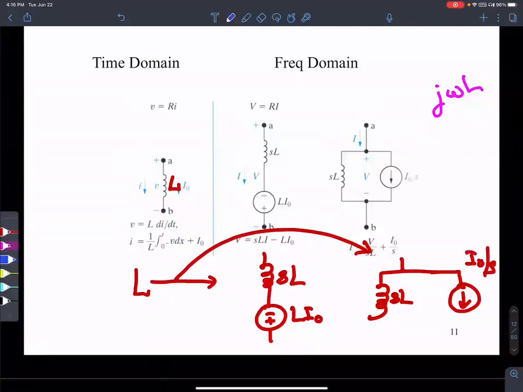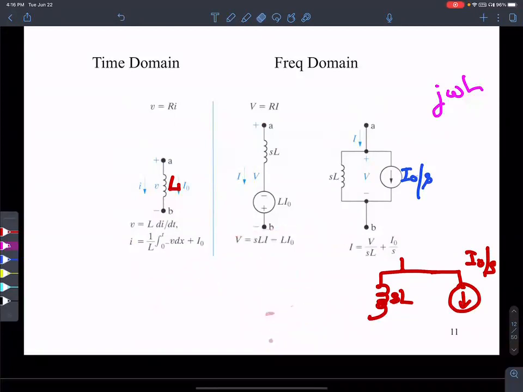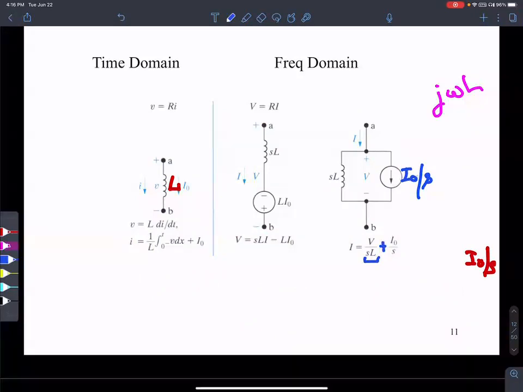So one of two ways the inductor could be represented: V equals s L I minus this initial condition, or I equals V over sL plus I0 over s.